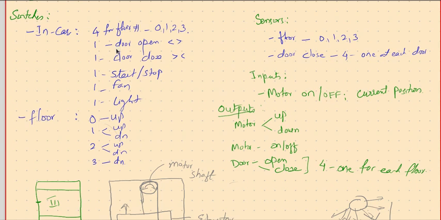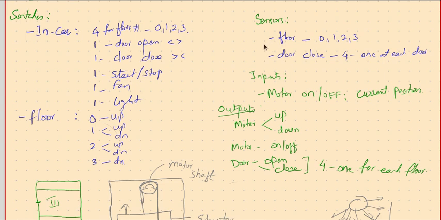Then we have a switch to open the door, a switch to close the door, a start or stop button, a button to on or off the fan, and a button to on or off the light. All these are inside the cabin, and on each floor there are switches to get the service from the elevator.